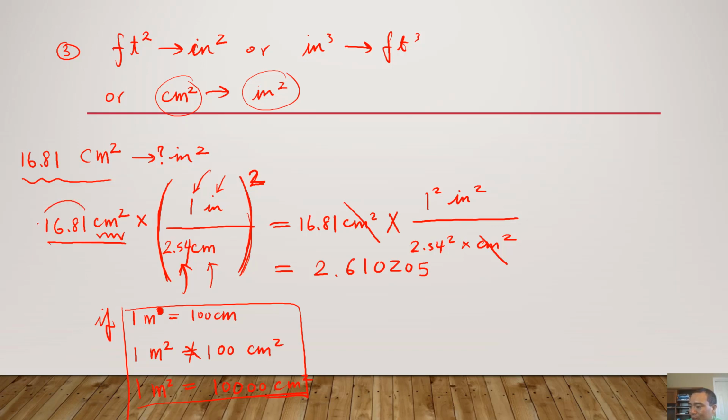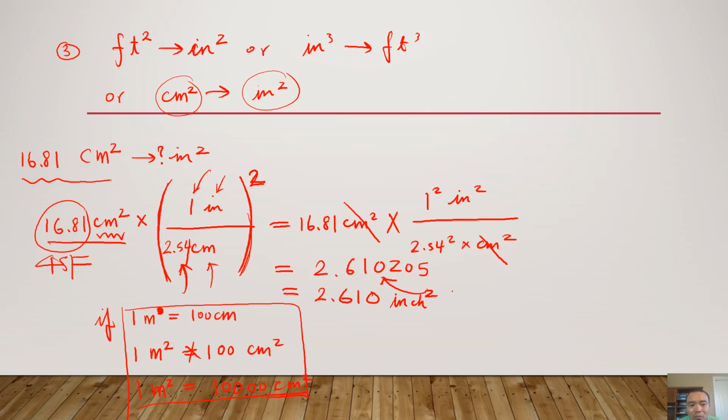For this reason, we keep 4 sig figs for this whole thing. So we round it, and it will become 2.610. So that's the 4th sig fig. The unit would be inch squared. Okay, so that's how you do this conversion.